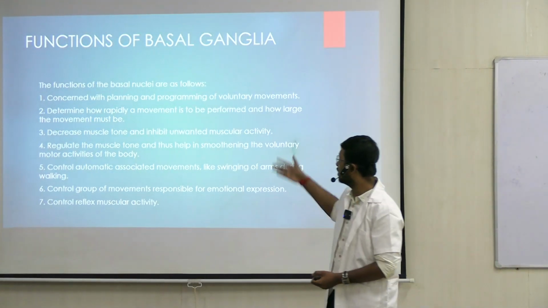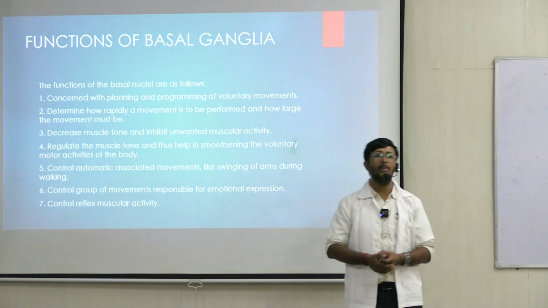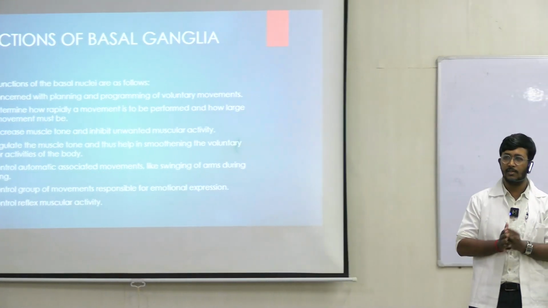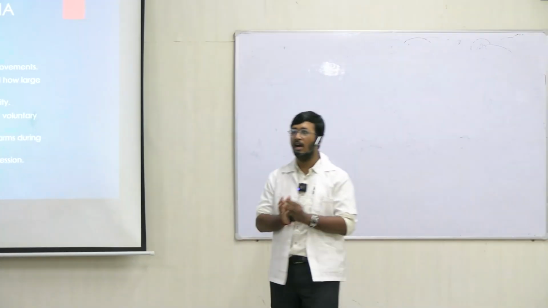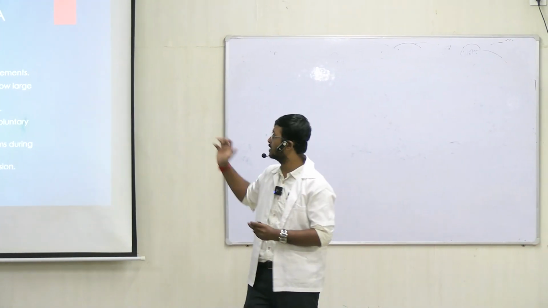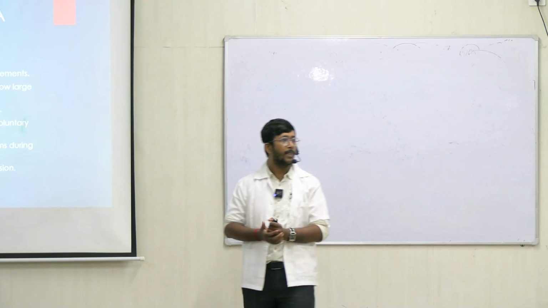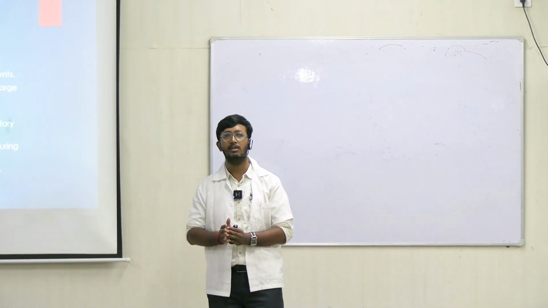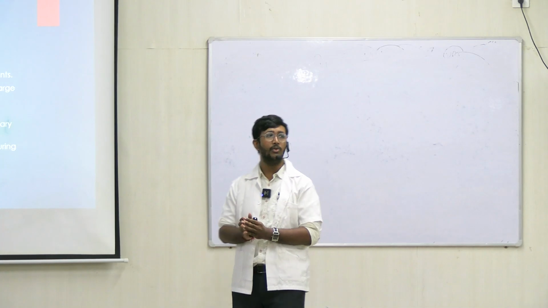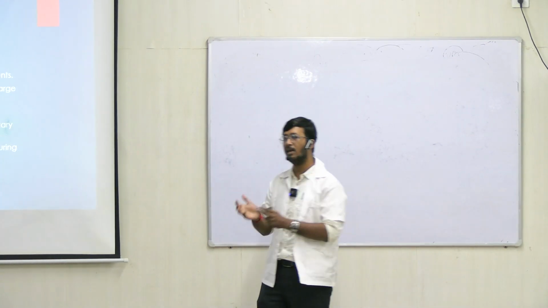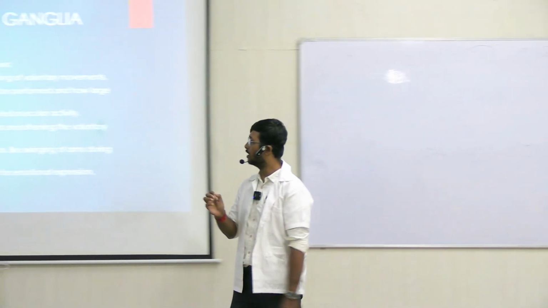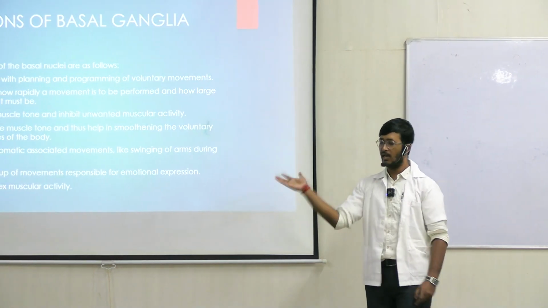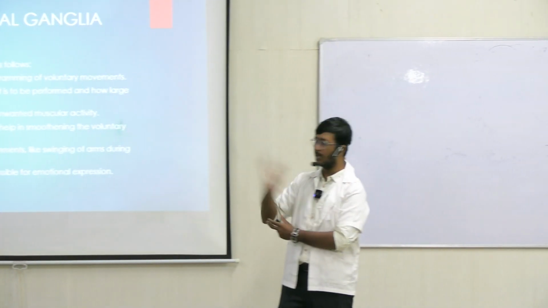So this will seem to you like memorizing a lot of stuff, but if you see certain patients in real life, you will understand how important this basal ganglia is. Sometimes, due to stroke or any bleeding in the brain, after paralysis or after some time, a patient comes with swinging movements like this, which they will not be able to control.